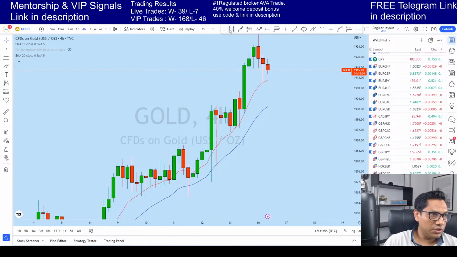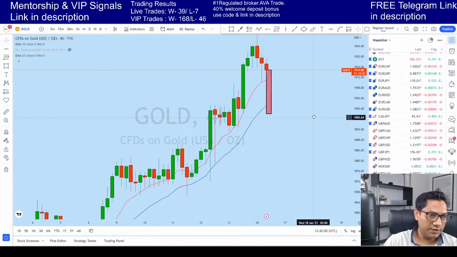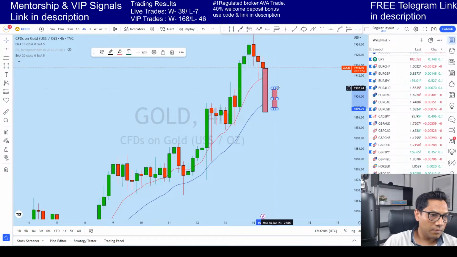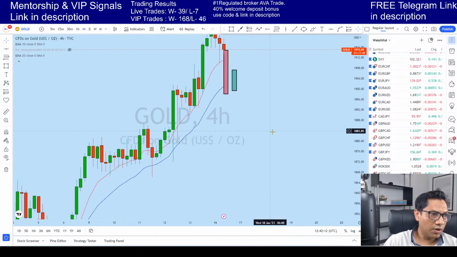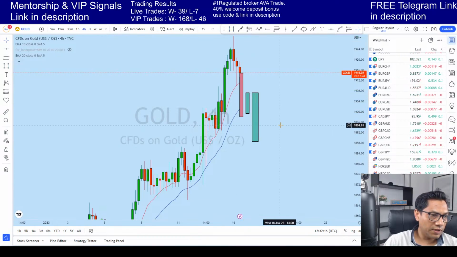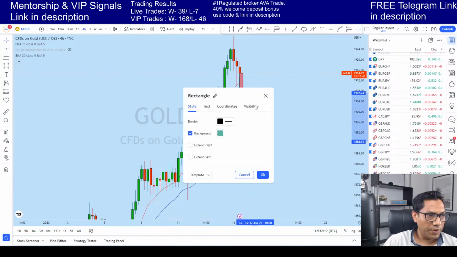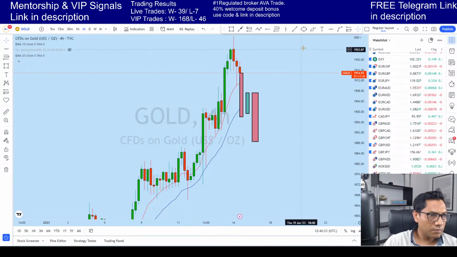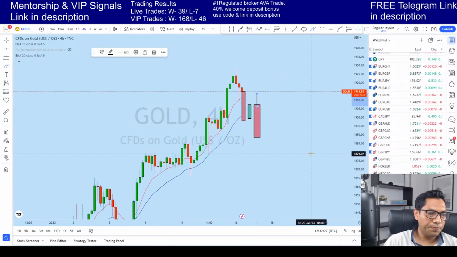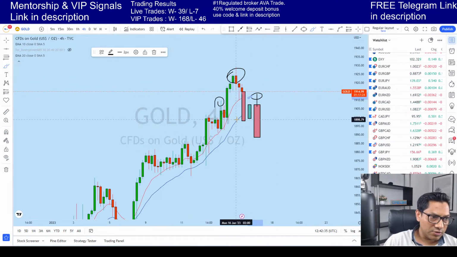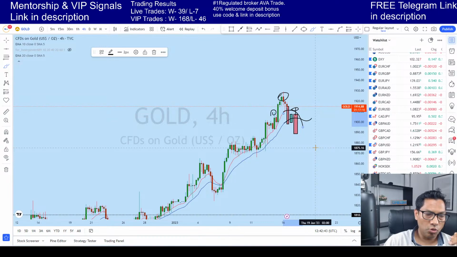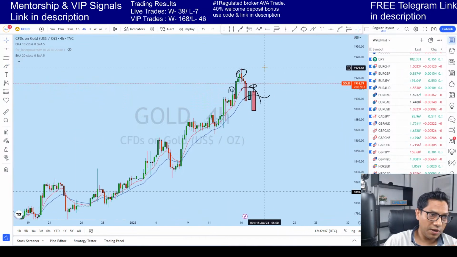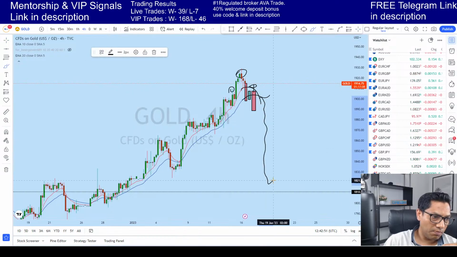Another thing is, if we see a candle like this, and then something like that, or any kind of pattern like this, which is basically a pure head and shoulder, with the 20 EMA doing something like that, that is where we can consider a high probability that gold will reverse from here, even to this monthly level of support.